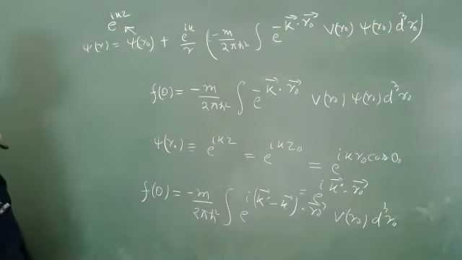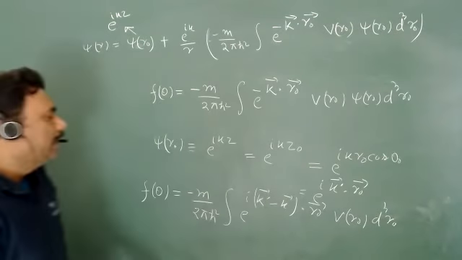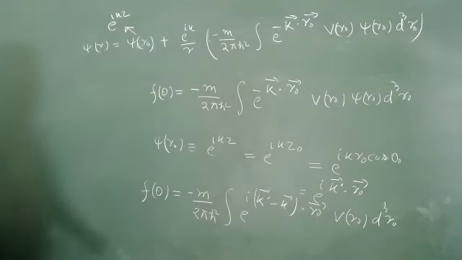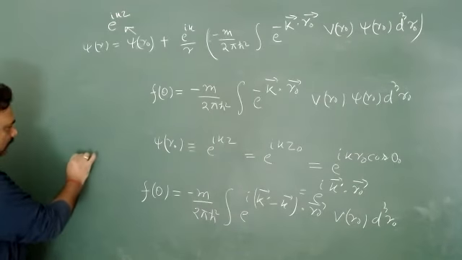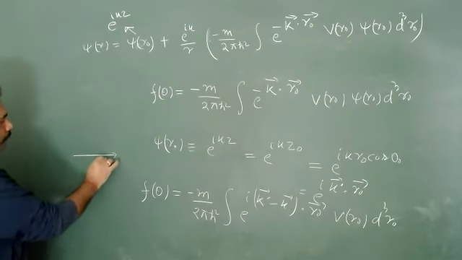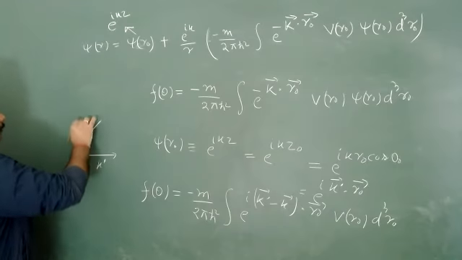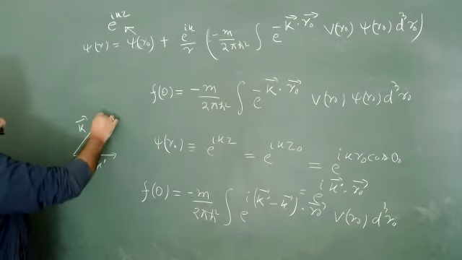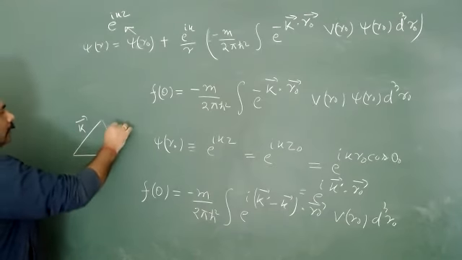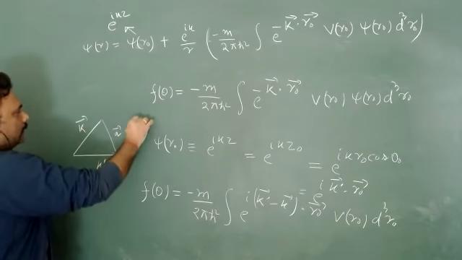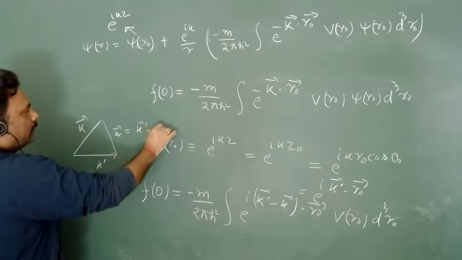Okay, and I can put k dash minus k as some q vector. Look here, this is my k dash vector, this is my k vector, and this is my q vector. And this q vector is k dash minus k.